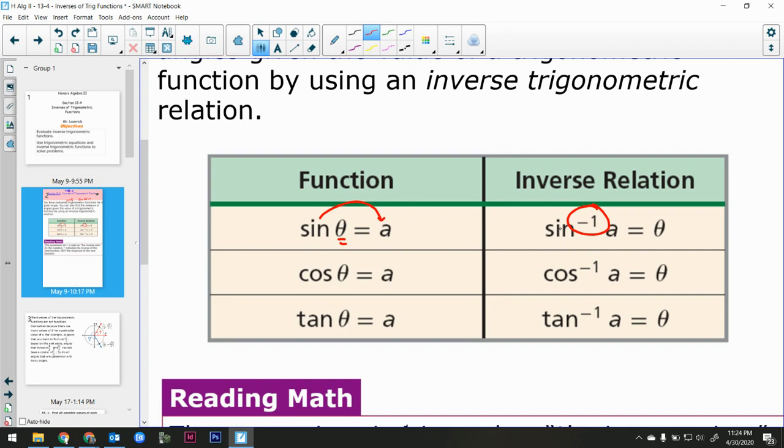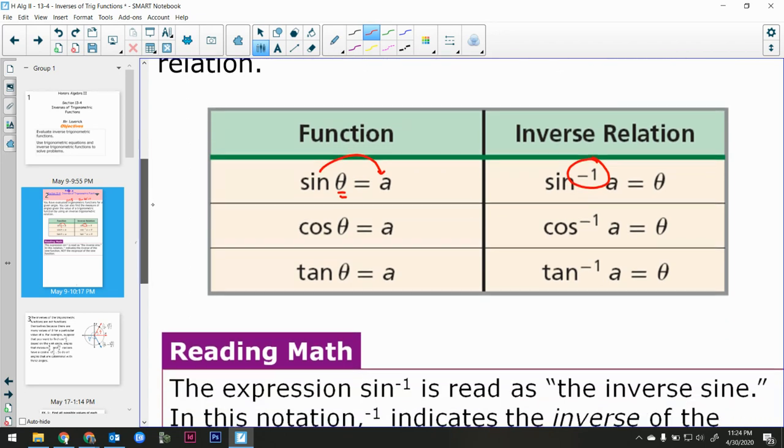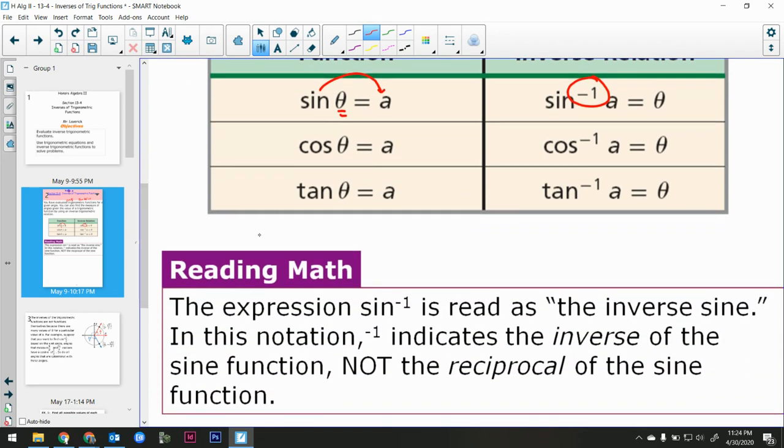That is not the same thing. We learned what the reciprocal values were: cosecant, secant, and cotangent, right? That's not the same thing here. Inverse cosine is not the same thing as secant. The notation just looks a little weird, because it's the inverse of that thing, right?